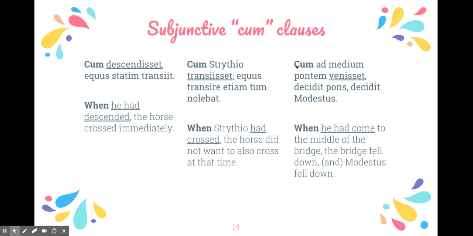Cum ad medium pontem venisset, when he had come to the middle of the bridge. Okay, so in all three instances, cum does not mean with because it's not followed by an ablative noun, and you have one of your new subjunctive verbs in the text.